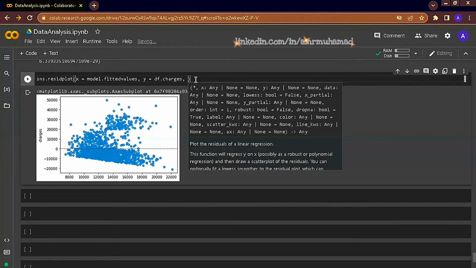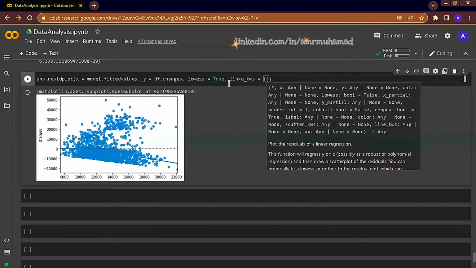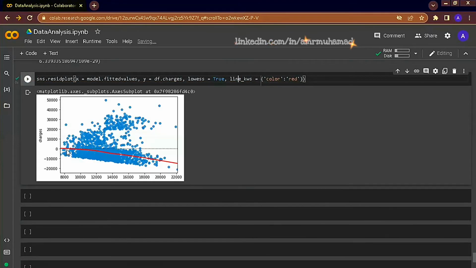Another good property of this residual plot is the ability to include a Loess curve. This line passes through the most deterministic part of the data that captures the variance in this setup. So for example, in BMI, this lower portion of the data points is the most deterministic part where the variance is properly captured.